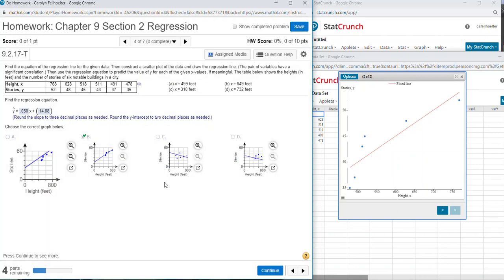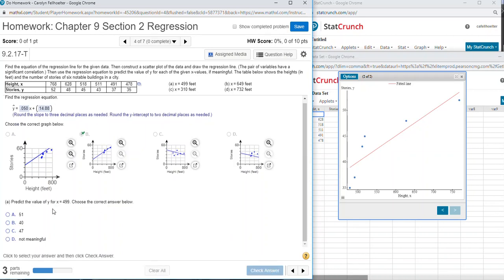The next part of the question is to predict the value of y for x equals 499. So the first thing that I need to do is to check and see if this x value is within the range of all the other x values, and it looks like it is. So this is going to be a meaningful prediction of the y value.